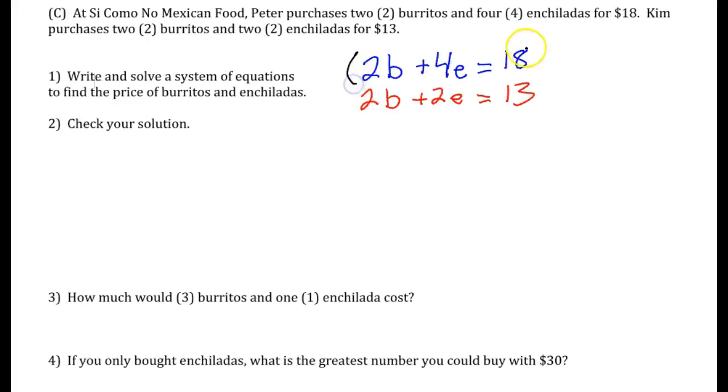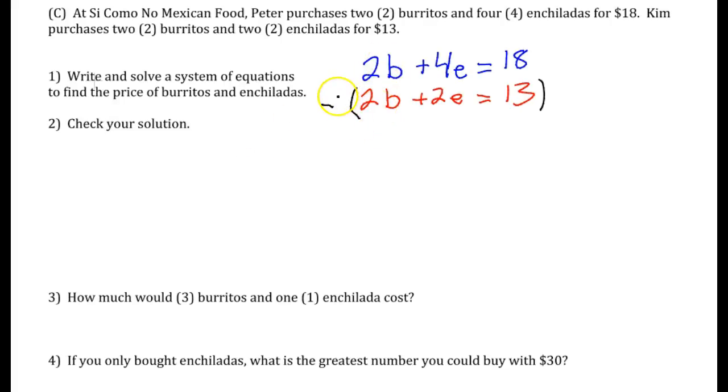So if I change the top equation, if I multiply this by -1, that would make this negative 2b, right? And that would cancel out with the 2b below it. But you could also multiply the bottom equation by -1 and get the same results, right? Because now the bottom's -2 and the top's +2, and those cancel out. But wait, there's more.